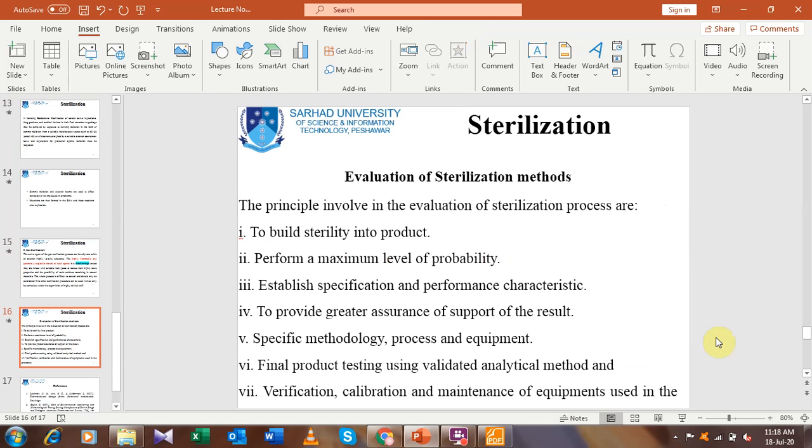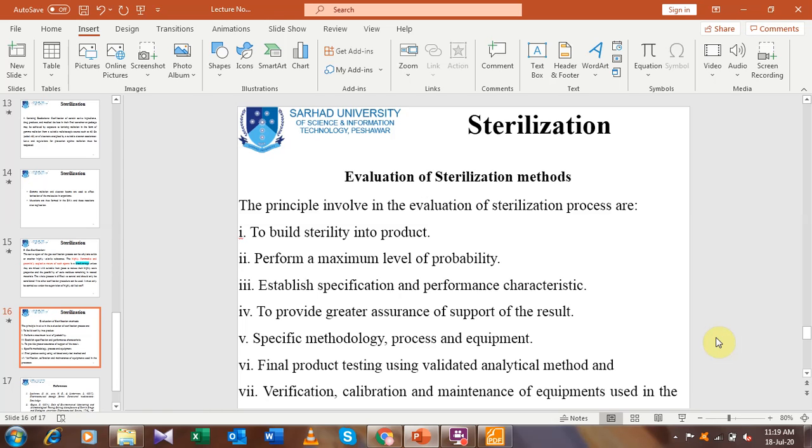There are certain points considered as principles involved in the evaluation of a sterilization method: how will we evaluate a sterilization method, and what principles are involved.